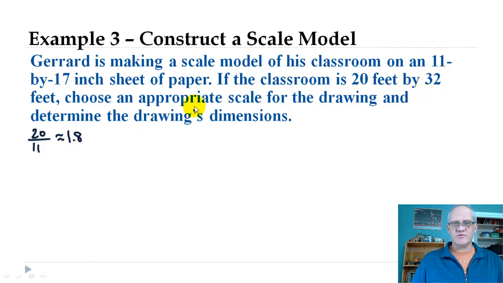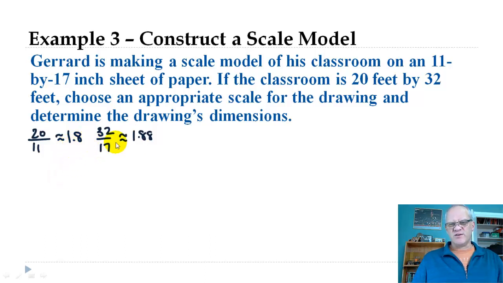And then let's see what the other one would do. If we did 32 divided by 17, again, let's see what it would take to get 32 feet on 17 inches. So I get approximately 1.88, 1.9-ish. Both of those are pretty close to each other, and you notice that, so what I could do here is this.